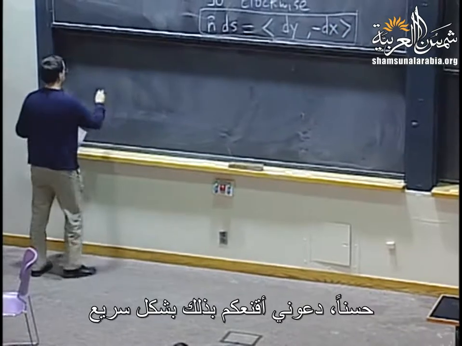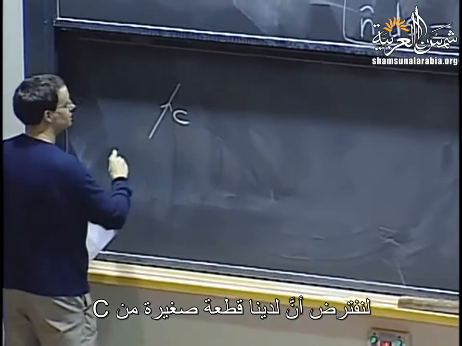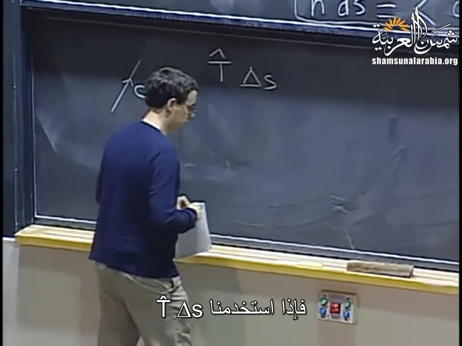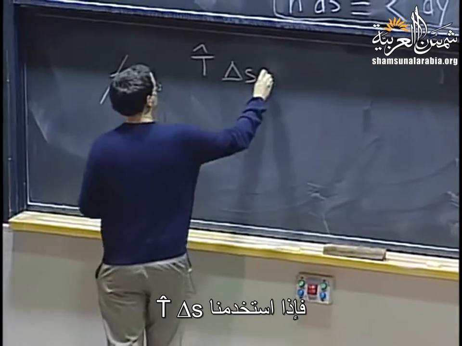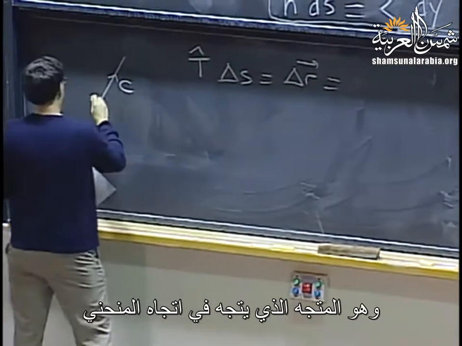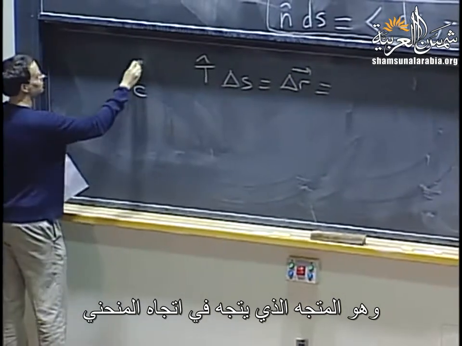Actually, let me just convince you quickly. Let's say we have a small piece of C. If we do T delta s, that's also the vector delta r, the vector that goes along the curve.